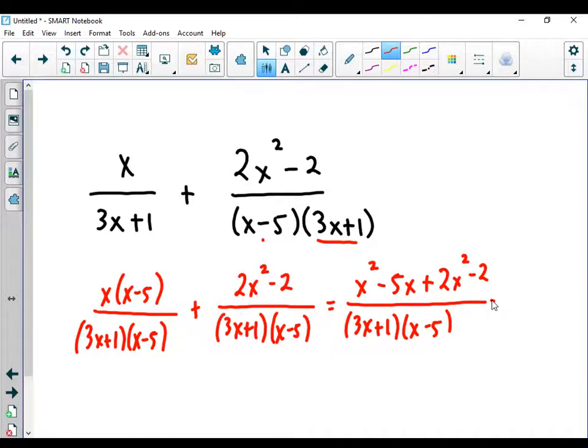So if I put that together, I've got this. I've got x squared plus 2x squared, so 3x squared. I got minus 5x, and then minus 2. And that's over 3x plus 1 times x minus 5.